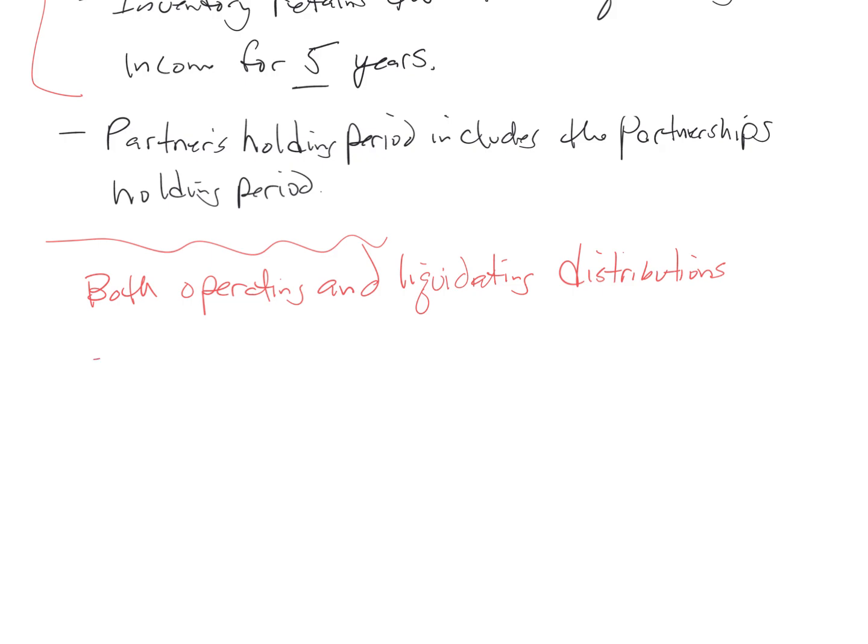They can be disproportionate, and what that means is they can change the partner's relative ownership of hot assets.